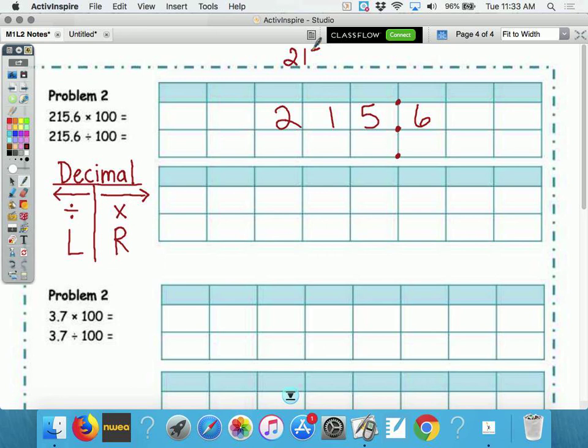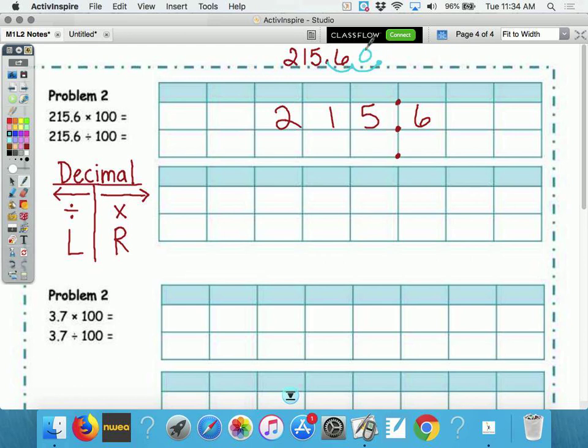Okay, so I'm going to write it up here where I have room. Rewrite 215.6. And it's important when you're first starting to rewrite things, because these numbers are so little, I want you to get in your head. So, which way does a decimal trick tell me to move? Right. Multiply. And how many place values for 100? 2. Watch me. So what do you think I fill in with here? 0.